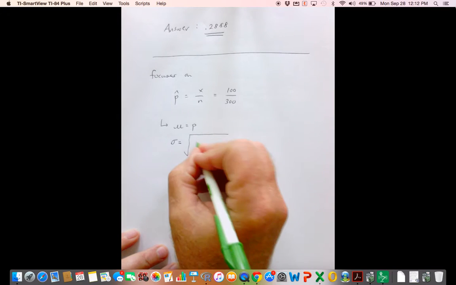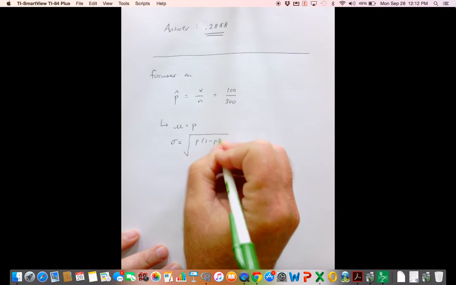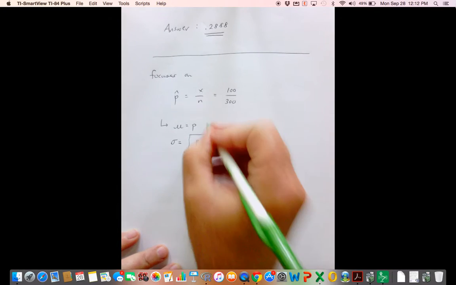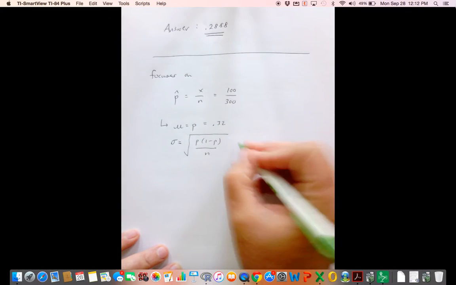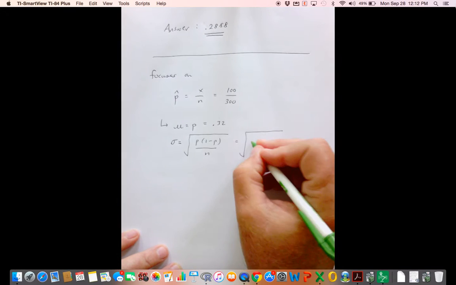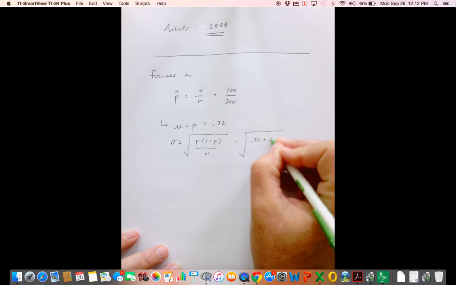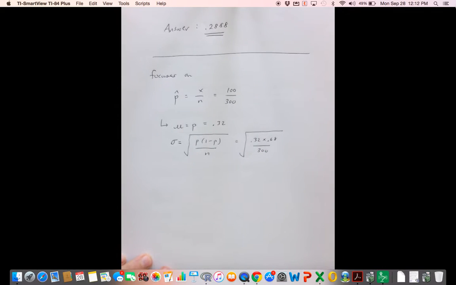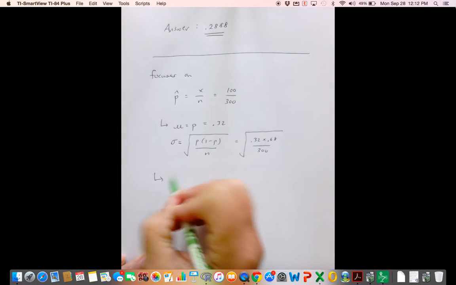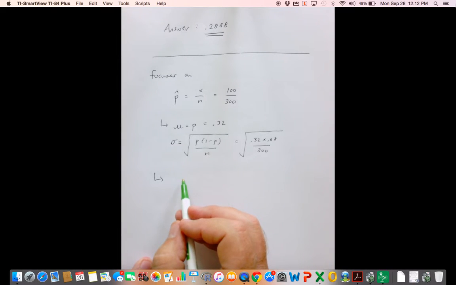It's got a fraction in it, so that's something students don't necessarily like. P is 0.32, and sigma is the square root of 0.32 times 0.68 over 300. But we've got to concentrate on our continuity correction.